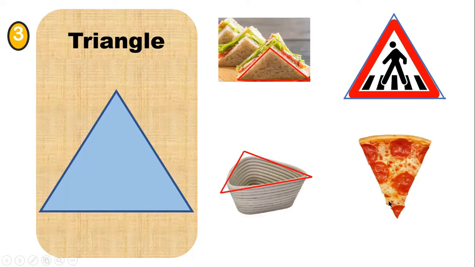See? Okay, look at this piece of pizza. Also, we can see that it is in a triangle form. Okay, so this, we call it a triangle. Very good. I hope you can understand this.